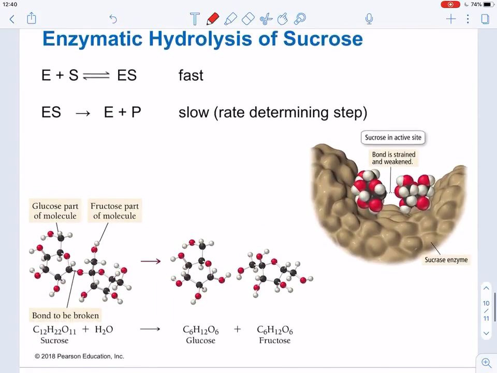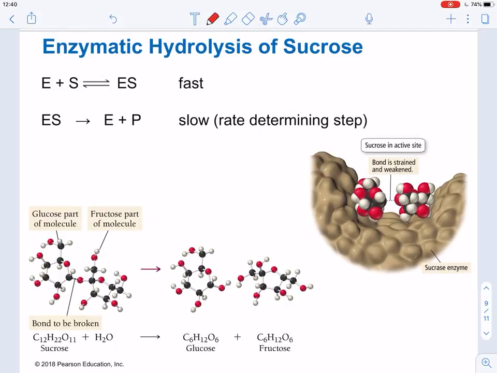So here one particular example is the hydrolysis of sucrose to obtain glucose and fructose. And then basically what is happening is that water at some point has to get in there to break that bond. Okay?